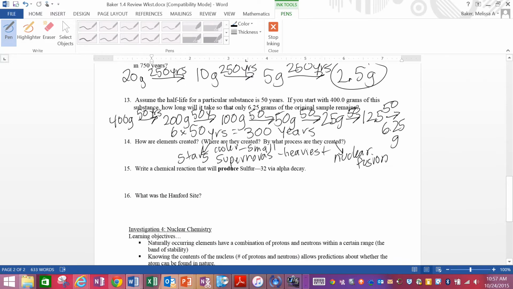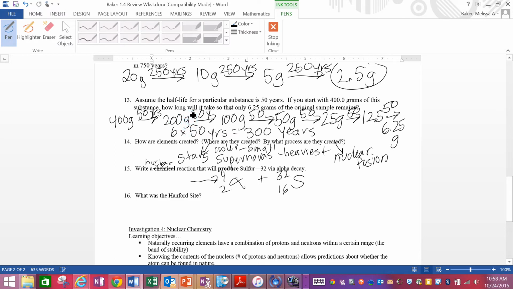Write a chemical reaction that will, this should really not be chemical. This should be nuclear. Write a nuclear reaction that will produce sulfur-32 via alpha decay. Okay, so we don't know what we're starting with, but we know that an alpha chunk is falling off of it and we're making sulfur-32.